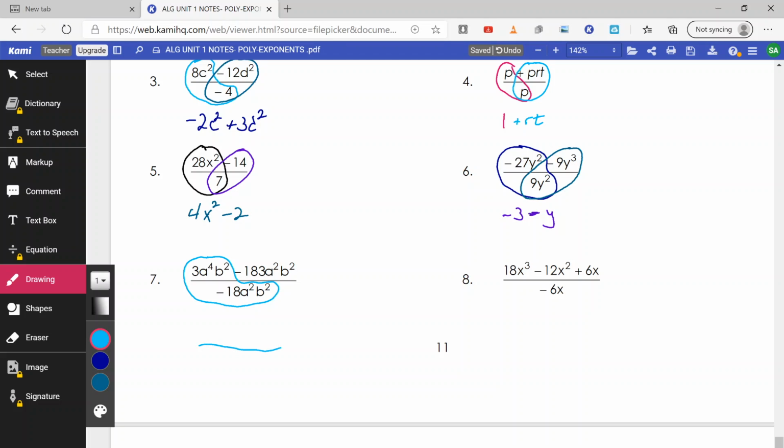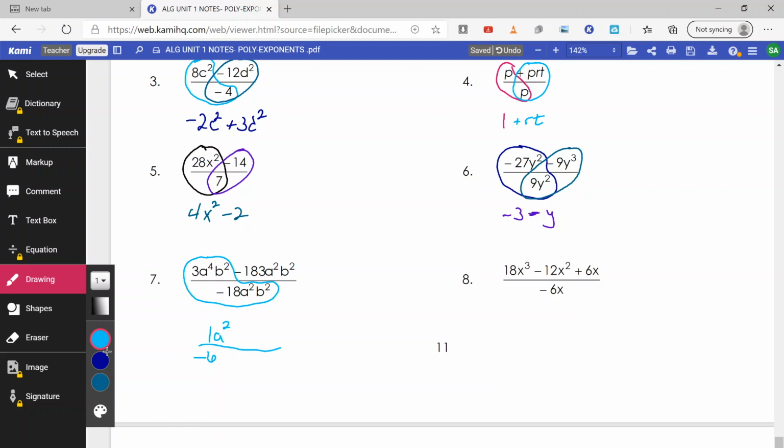We can reduce 3 over negative 18 to be 1 over negative 6. A to the 4th divided by a squared. Top number is larger, so a. 4 minus 2 gives me 2. And then b squared divided by b squared. Again, we have a number divided by itself, so it's just 1. So we end up with 1a squared.